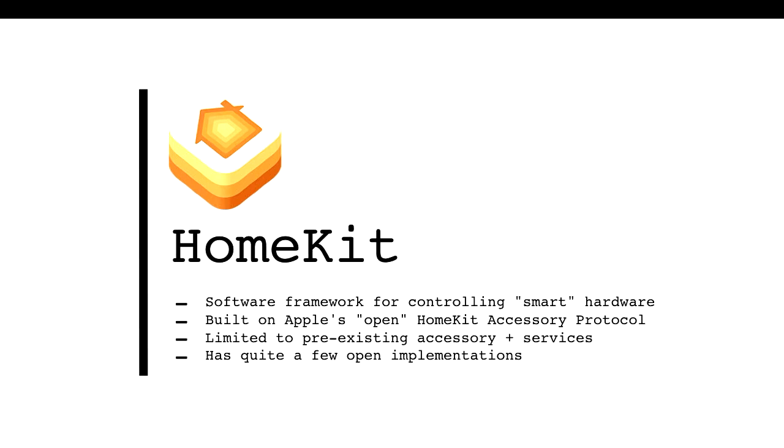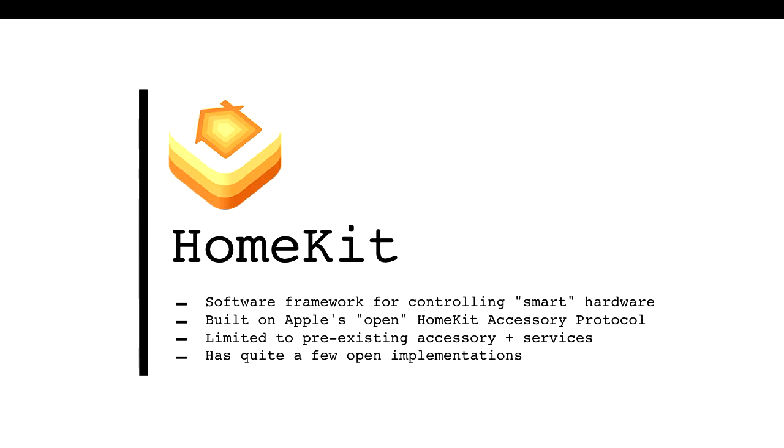HomeKit is basically an open-ish standard from Apple. They published the specification for HomeKit accessories. HomeKit accessories themselves are typically licensed things, but there is the potential for people like you and me to make our own unauthorized HomeKit accessories.